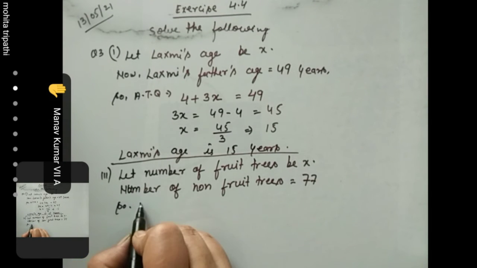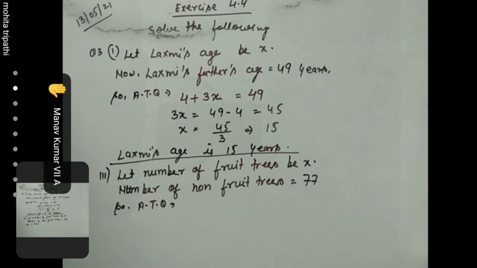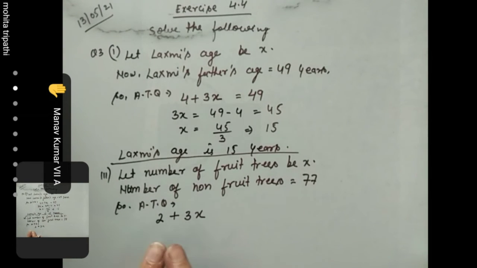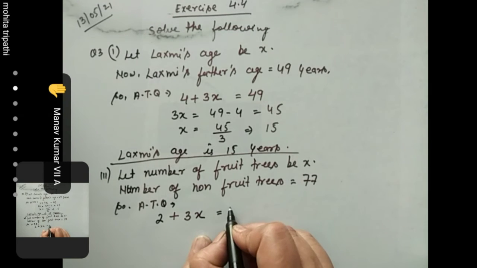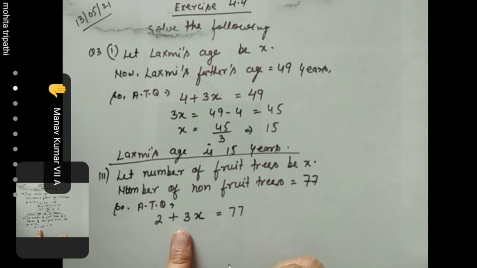So according to the question, the number of non-fruit trees is 2 more than 3 times the fruit trees. 2 more than 3 times the fruit trees is equal to the number of non-fruit trees. So here we derive the equation.